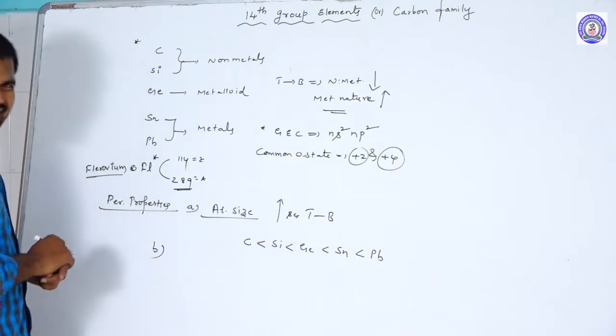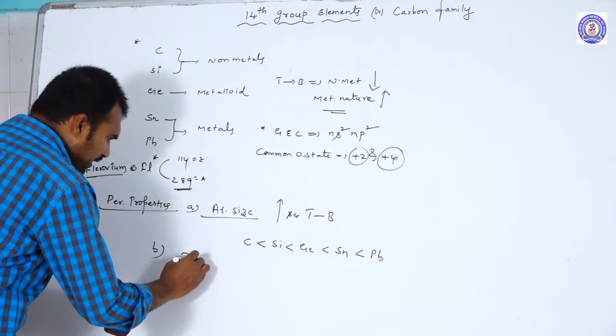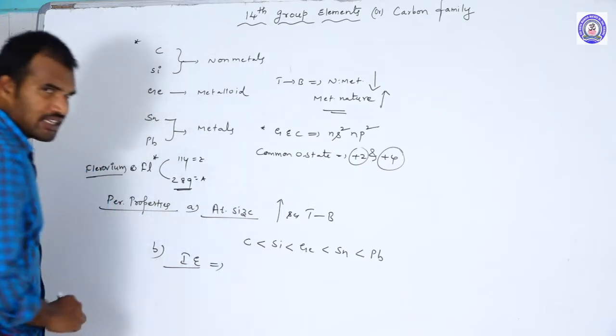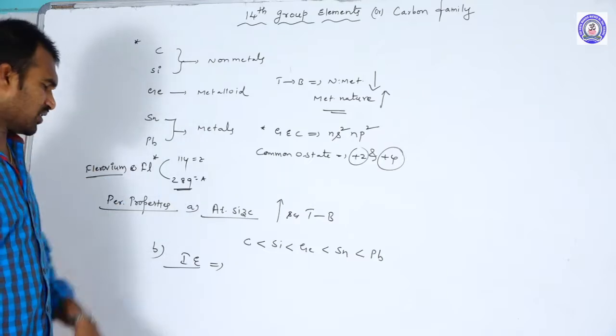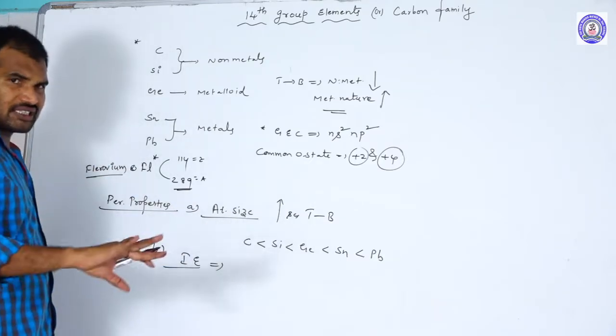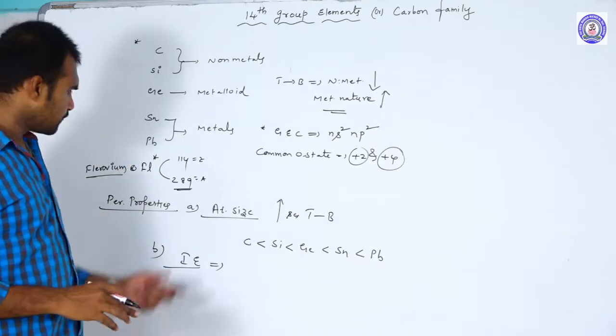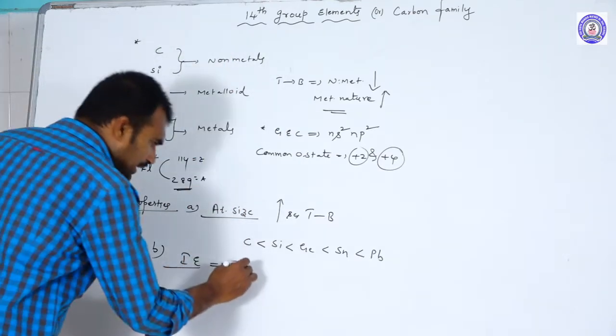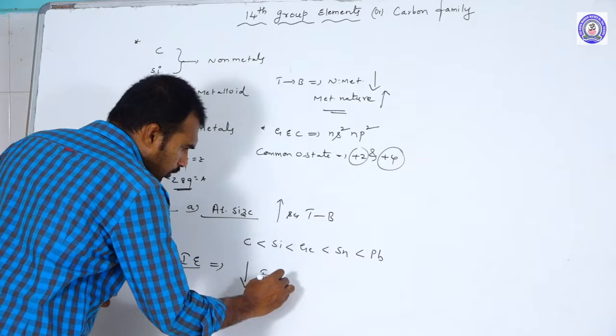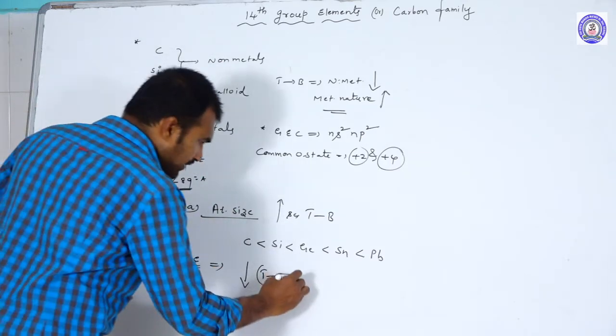Then move to the second property, that is ionization enthalpies. As we know, ionization enthalpy and size are inversely proportional. So if the size increases, what happens? Ionization enthalpy decreases. So it decreases from top to bottom with one exception.